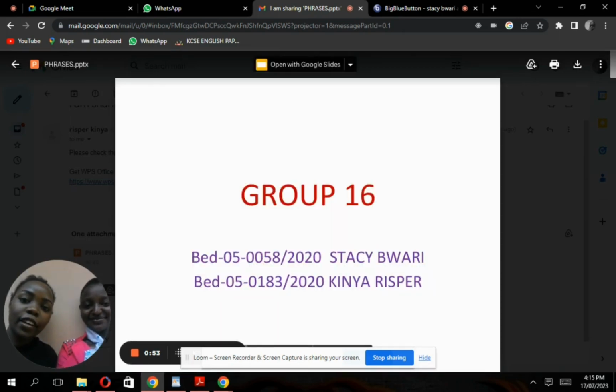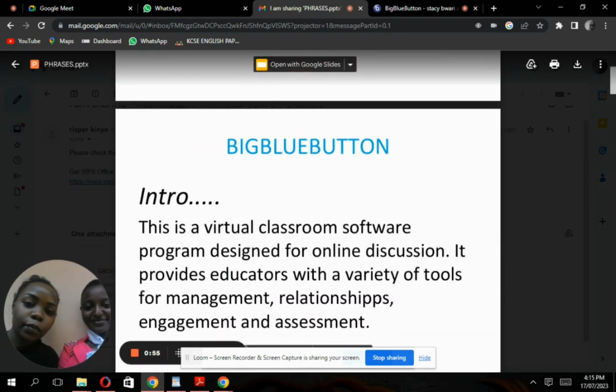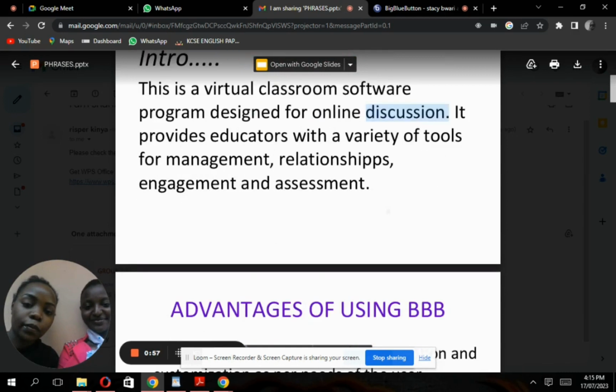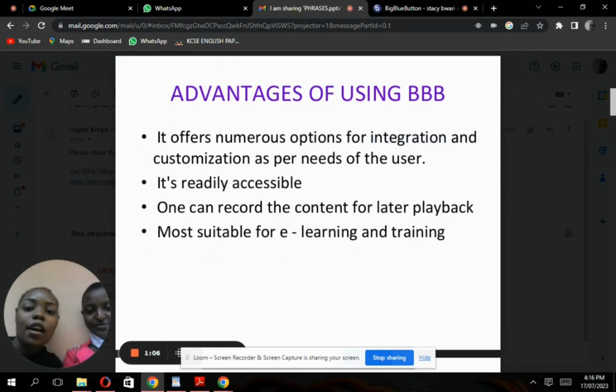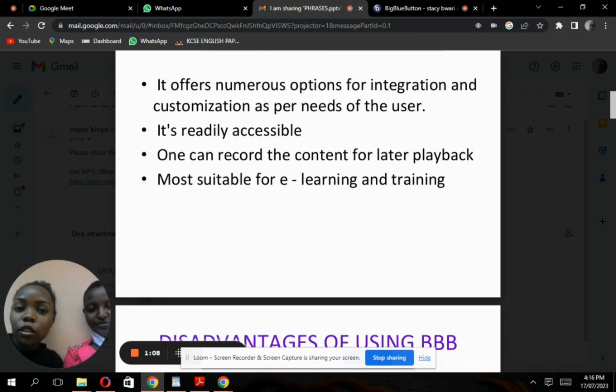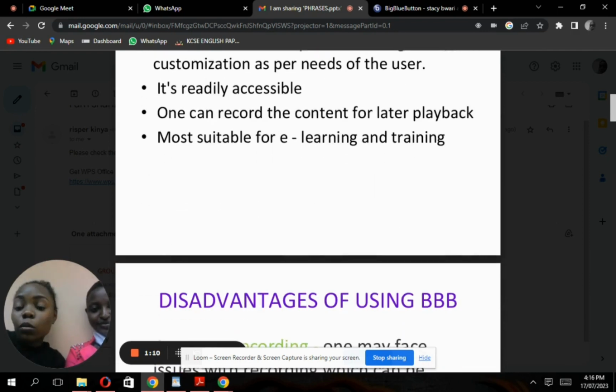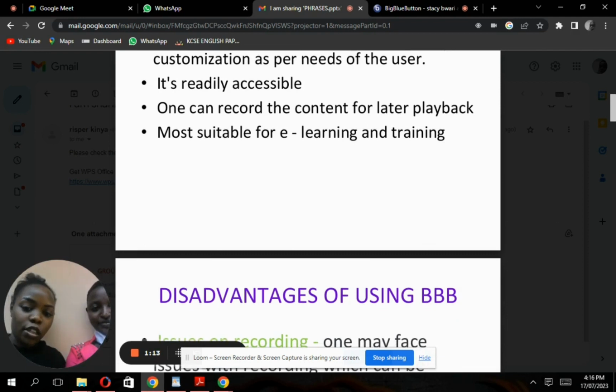The first one, it offers numerous options for integration and customization as per the needs of the user. It is readily accessible. One can record the content for later playback. It is more suitable for e-learning and training.